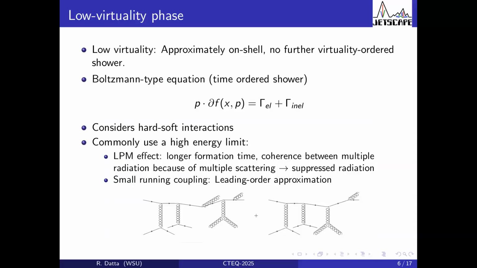So this is the starting part, the equation that you see is the linear Boltzmann transport equation. As I said, there's the LPM effect, and since my parton is entering a low virtuality region, it has also lost a lot of energy. So we cannot take a constant alpha. So we take a running alpha.